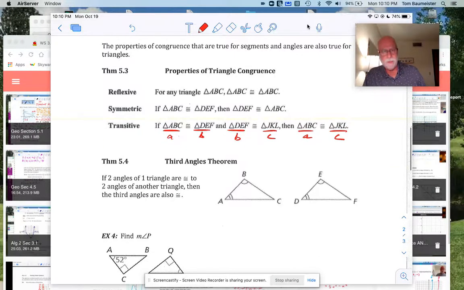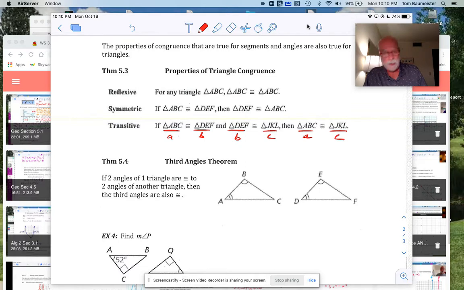Okay, and then this theorem. Sometimes some of these theorems, ladies and gentlemen, I know they kind of sound silly, but they need to make sense. So if 2 angles of one triangle are congruent to two angles of another triangle, then the third angles are also congruent. That means they must be.